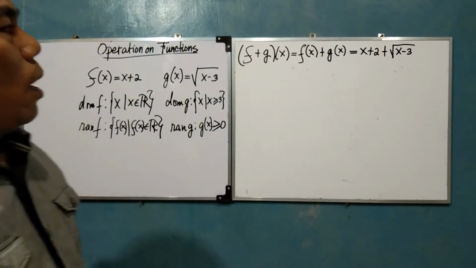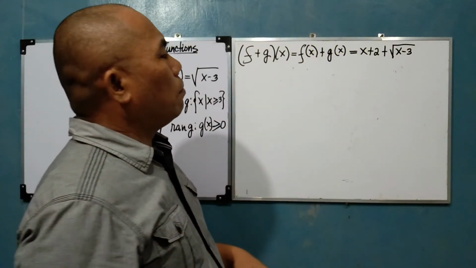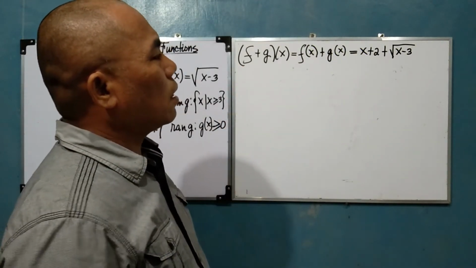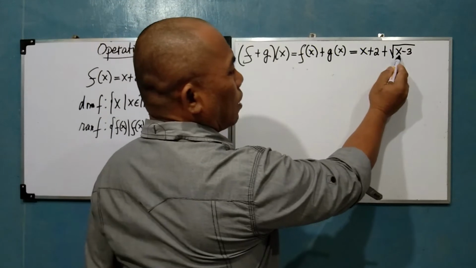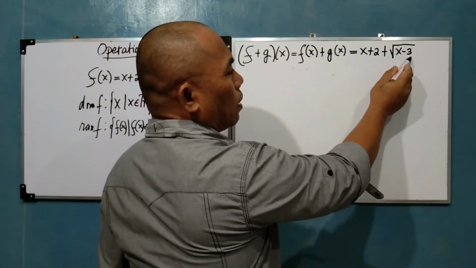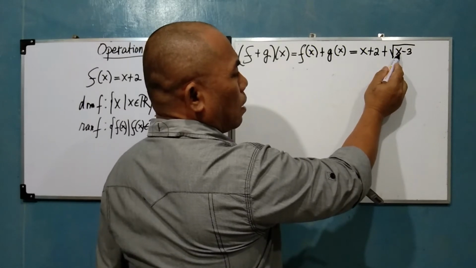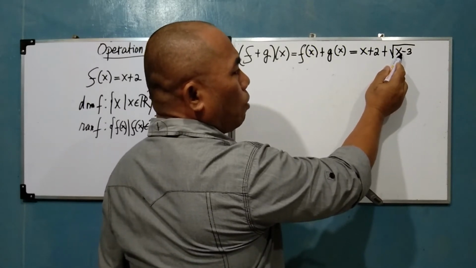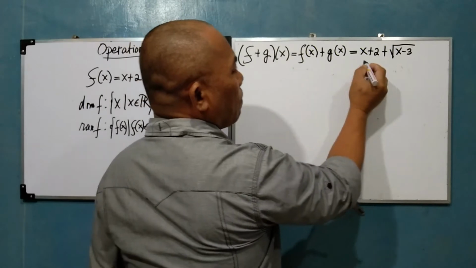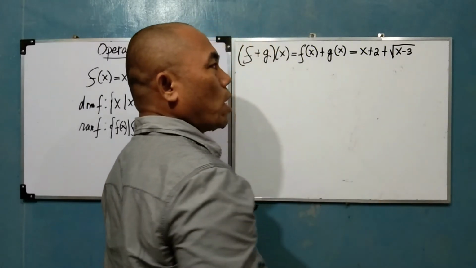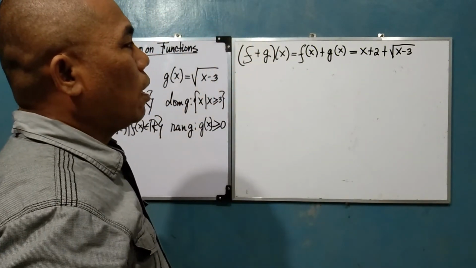So for the domain of the sum, this is what you are going to consider. Again, this x must have a smallest value of 3 for this sum to be in the set of real numbers.